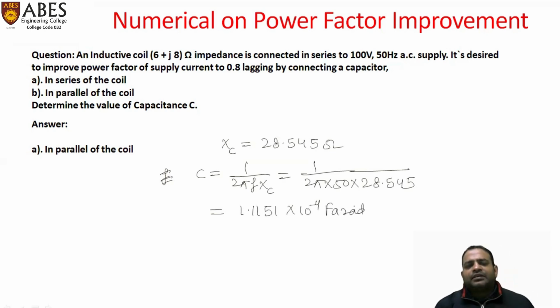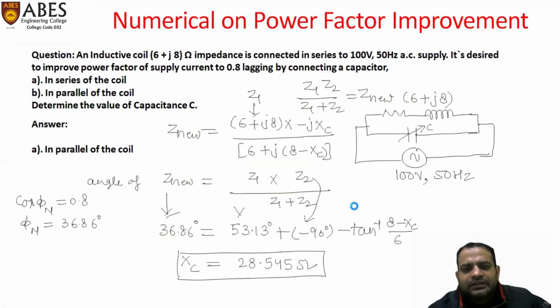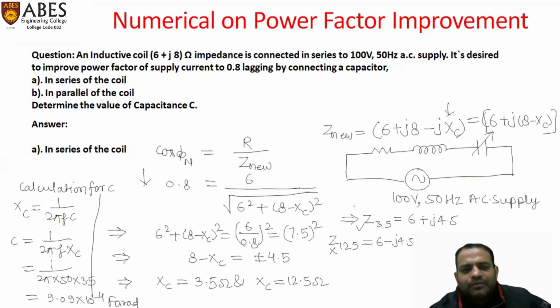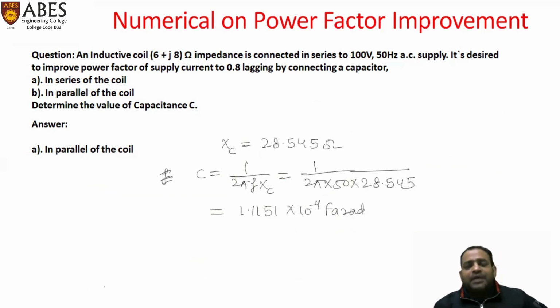If we compare these two values of capacitance, in series we get 9.09 into 10 to the power minus 4, and in case of the parallel combination with this coil, we get 1.1151 into 10 to the power minus 4. So it is about 8 times less capacitance required when we connect the capacitance in parallel.